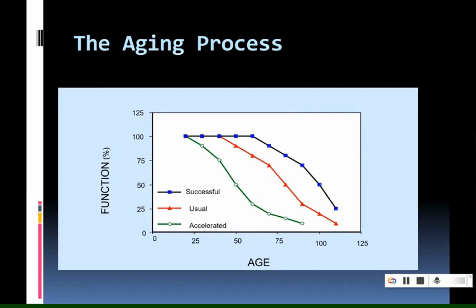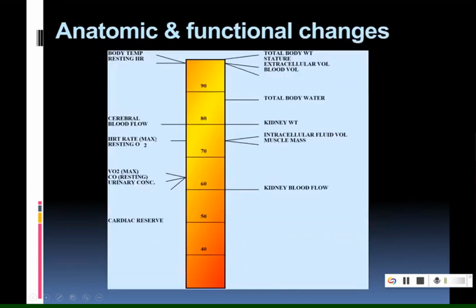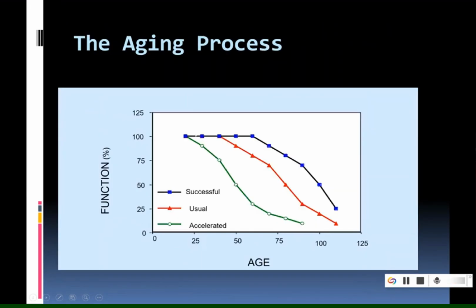So the aging process can be viewed as a functional impairment over time. This is one of the goals that we're trying to achieve, to keep everybody 100% highly functional. You can see that in an average population, functionality declines as they reach their life expectancy.